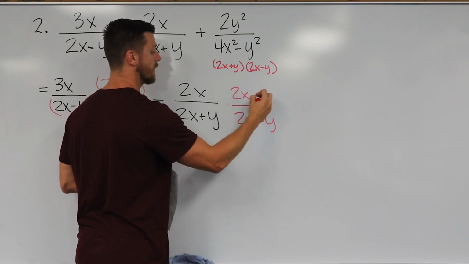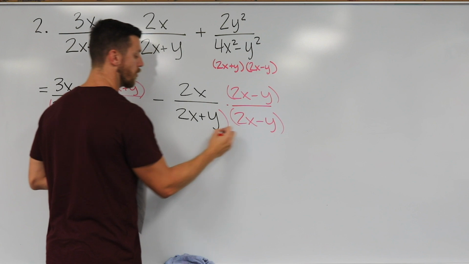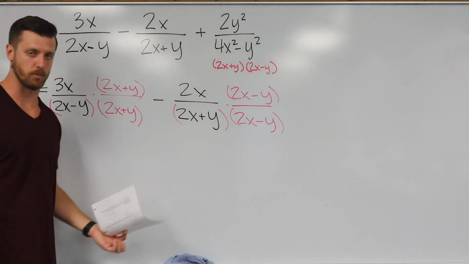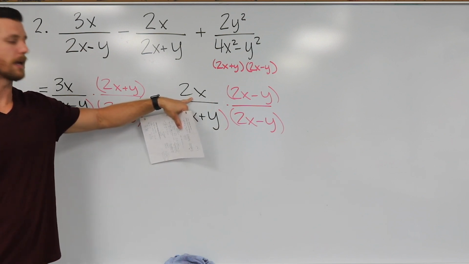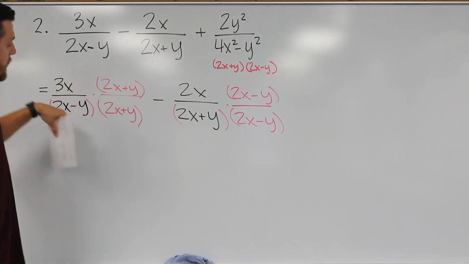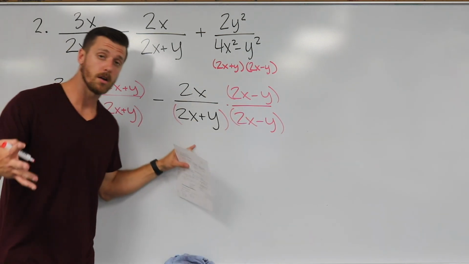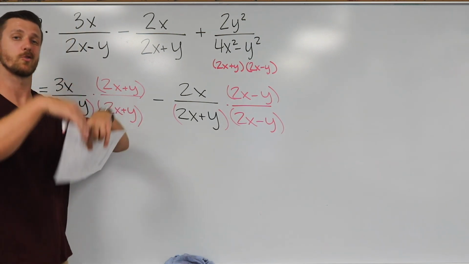And please, please, please use parentheses around your binomials or bigger, your polynomials. This is a monomial, but anything with two terms or more as a factor, you better put in parentheses, because you're going to have to do some distributing.